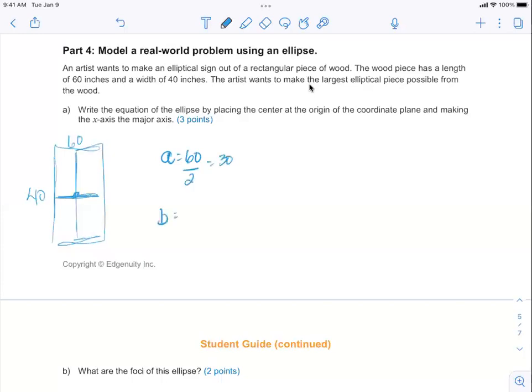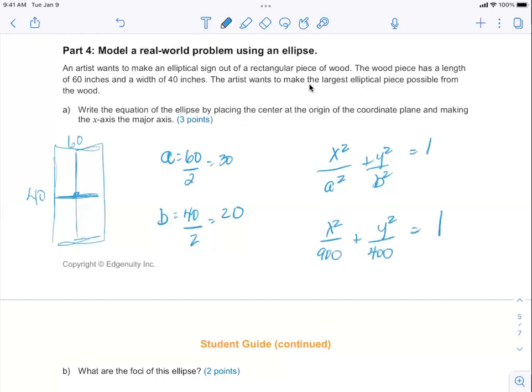And B would be the shorter length, 40 divided by 2, which is 20. And we know that an ellipse has x squared over a squared plus y squared over b squared is equal to 1. So this would be x squared over 900 plus y squared over 400 is equal to 1.